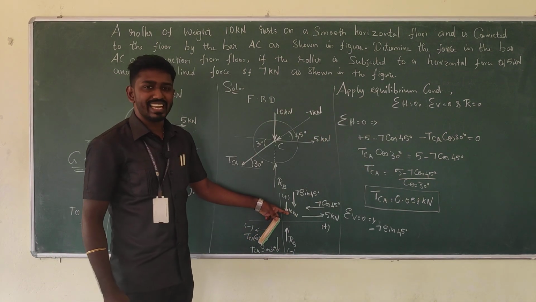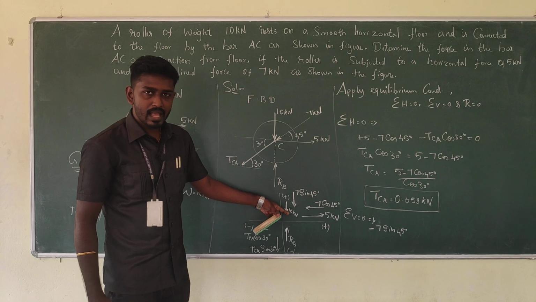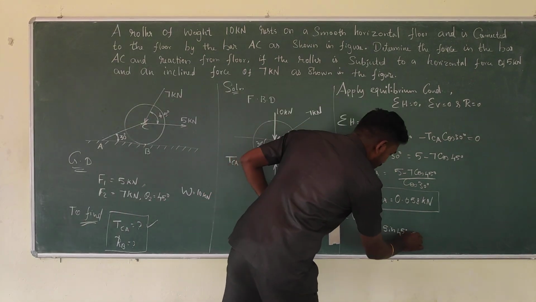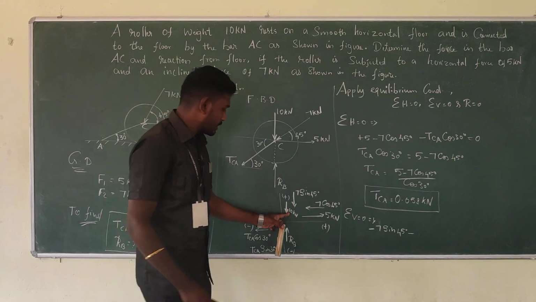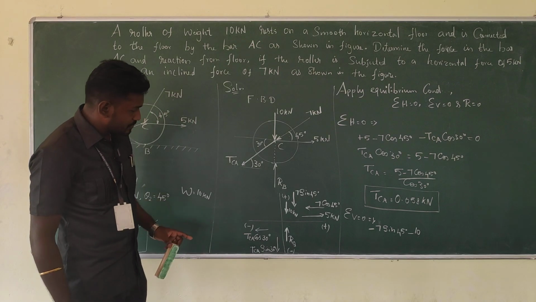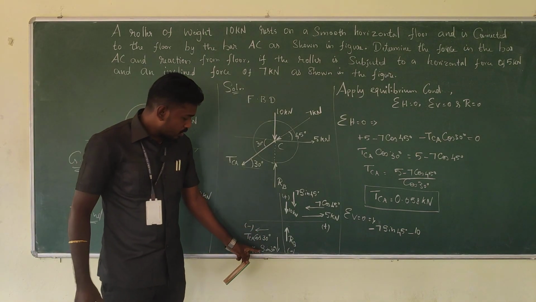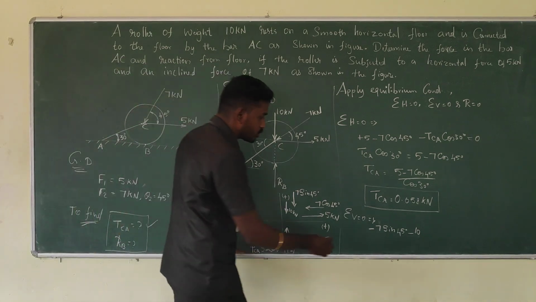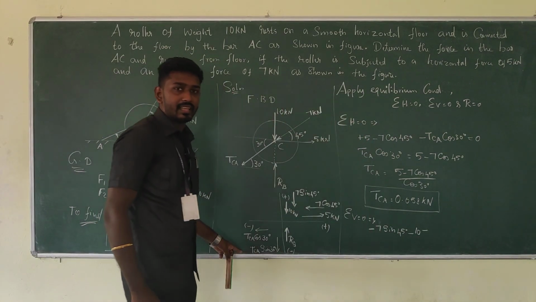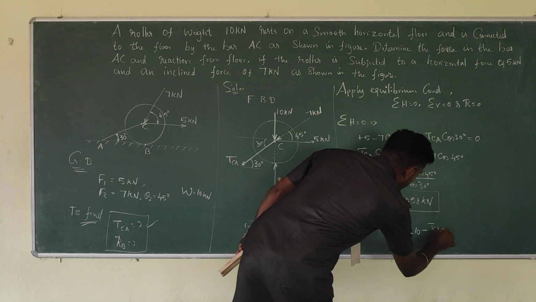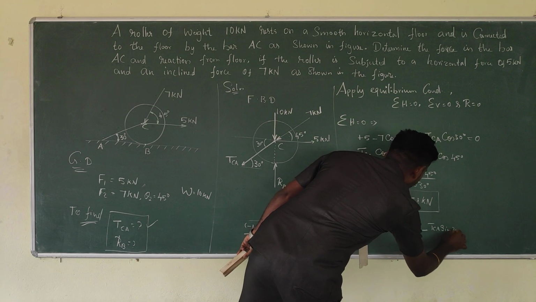And here we have a 10 kilonewton force which is directed downwards. In the same way we specify minus 10. And any other vertical force here? TCA sine 30 degree, which is directed downwards, also carries a minus sign since it is going downwards: minus TCA sine 30 degree.